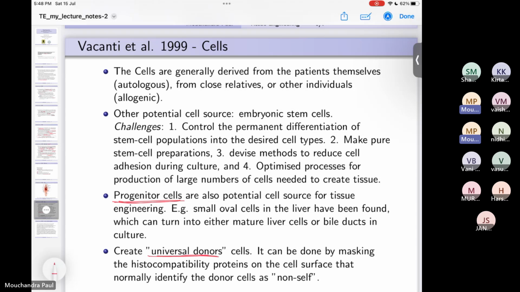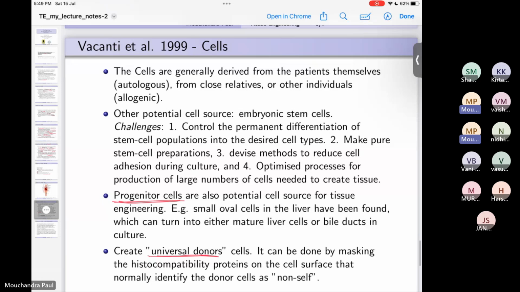If you can engineer this kind of universal donor cell line, then you can use it as a potential source for your tissue engineered medical products. One way of doing it is by masking their MHC complexes, the major histocompatibility complexes present on the cell surface, that help the surrounding macrophages, etc., recognize these cells as self or non-self. If you can mask it, they won't be recognized as non-self, and the cells would be left alone to do their own function.